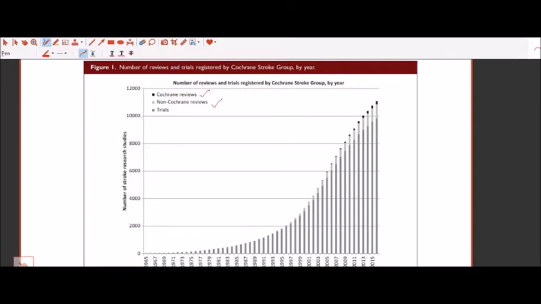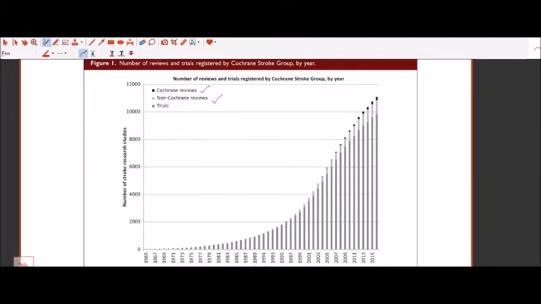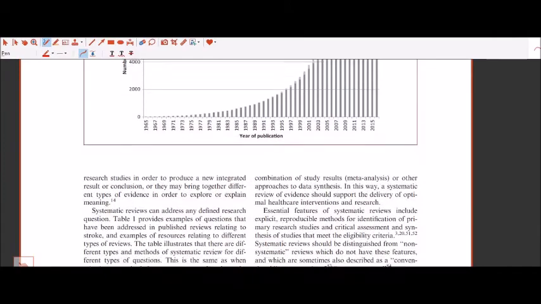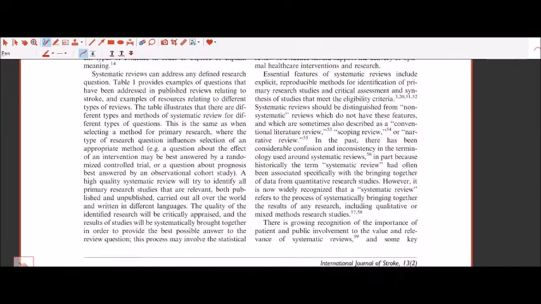In Cochrane, it's basically a specific kind of studies, all belonging to medicine, nursing, etc. Non-Cochrane reviews are the reviews which belong to the non-medical schools. And when it comes to trials, they are talking about trial cases which are present in both the domains. So that is the fun of taking care and going ahead with the systematic literature review.